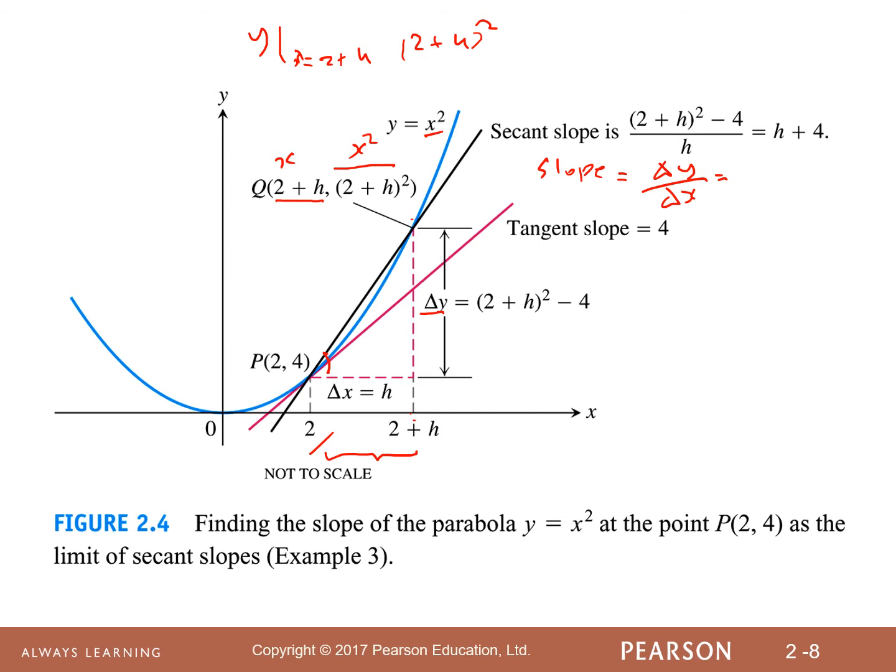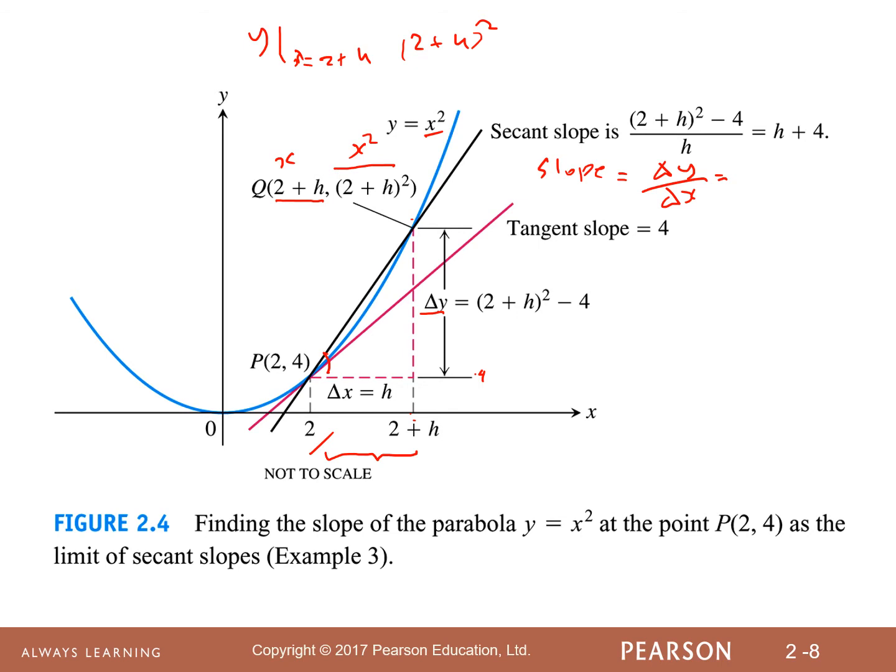So we have to subtract this point. This point is y equal to 4. So (2 plus h) squared minus 4 will give us this length with a double arrow. We're not going to take the whole length, we're just going to take the double arrow, which is delta y.